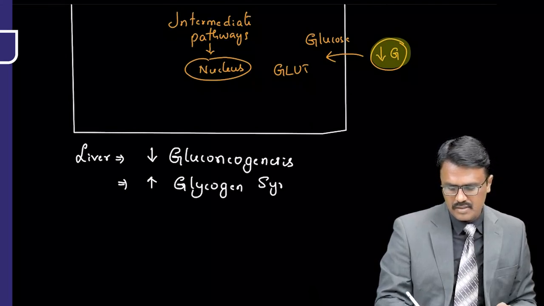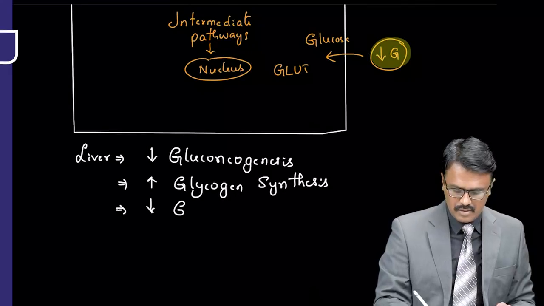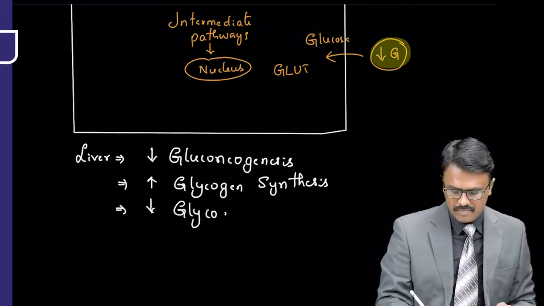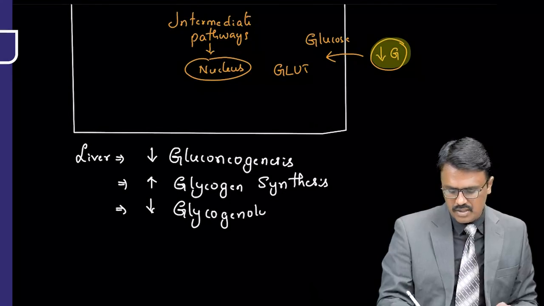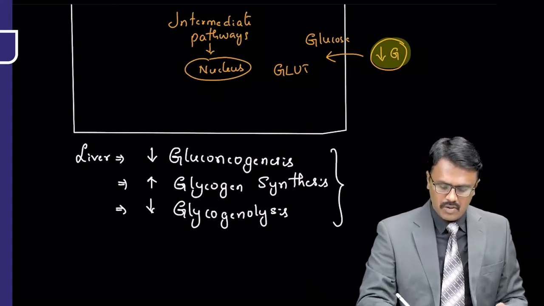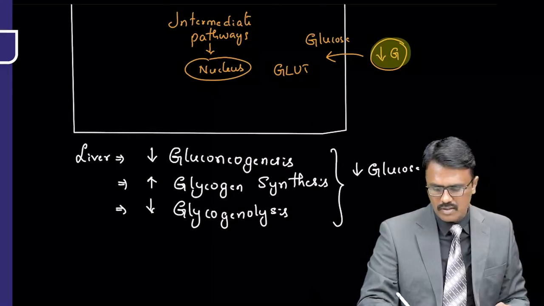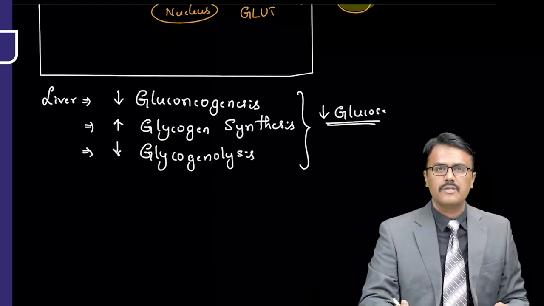Along with that, it decreases glycogenolysis. So this is what is done in the liver. All this decreases the glucose production from the liver, so there is a decrease in glucose.